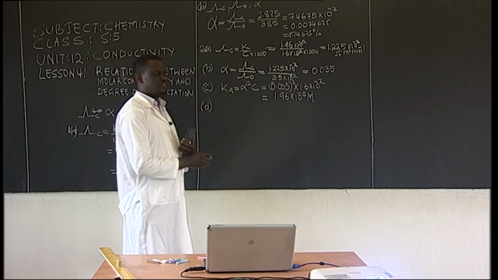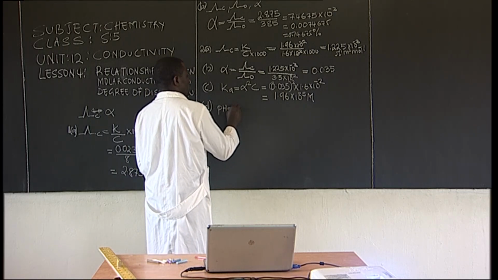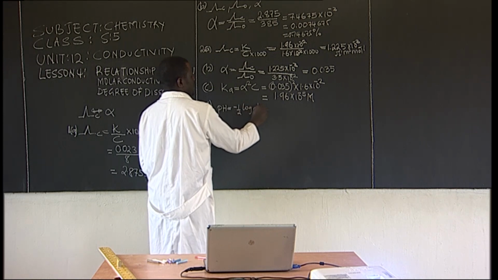Then from there, we see we are using a lot of formulas here. We get the pH. So we say pH for a weak acid is equal to negative ½ log C Ka.